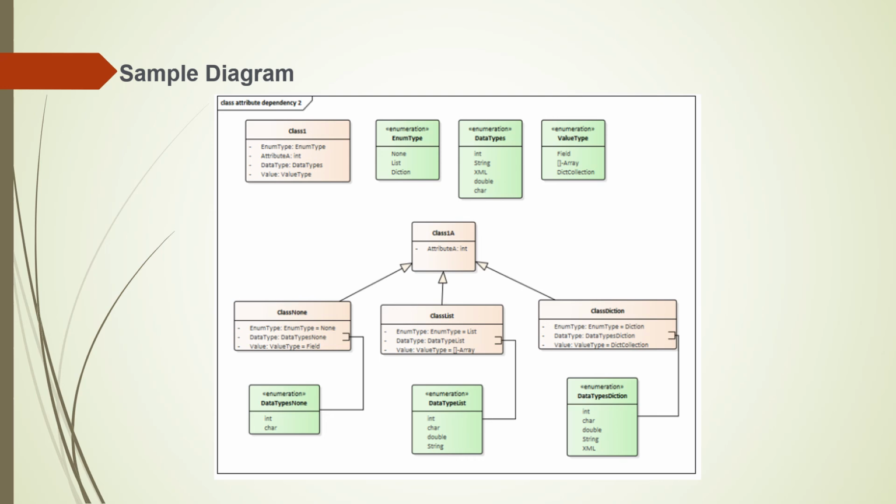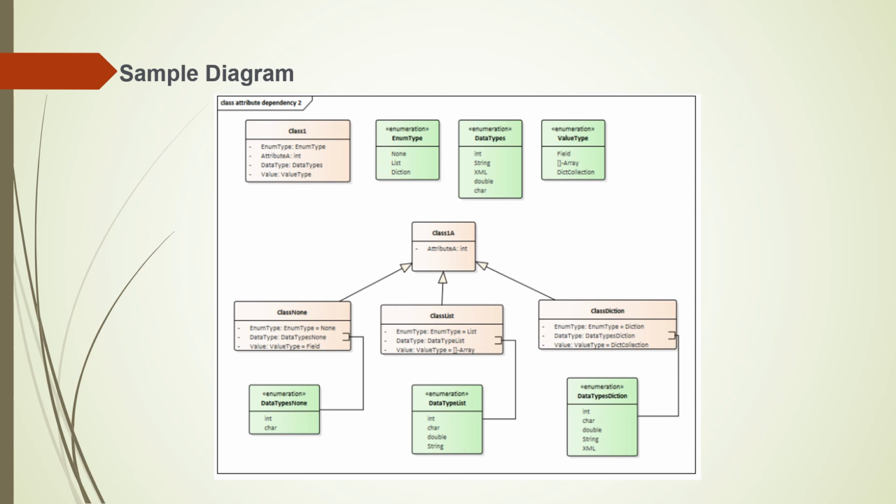Enumeration is a kind of list table. Like in this sample, the data types are integer, string, XML, double, character. So we have the type of value type, which is the array, fields, like that. The other type is on and off, and also female or male.